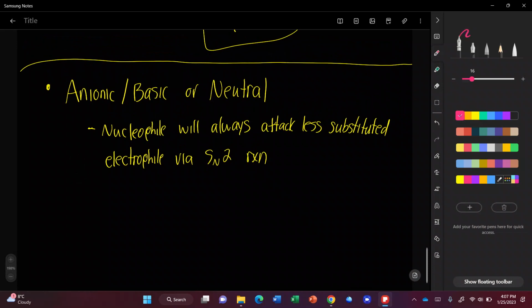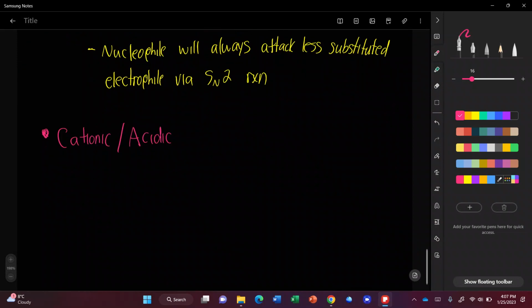And then we talked about the fact that when you're dealing with cationic, otherwise known as acidic conditions, I initially made it probably seem simpler than it really is, and that's because I wanted it to be simpler.